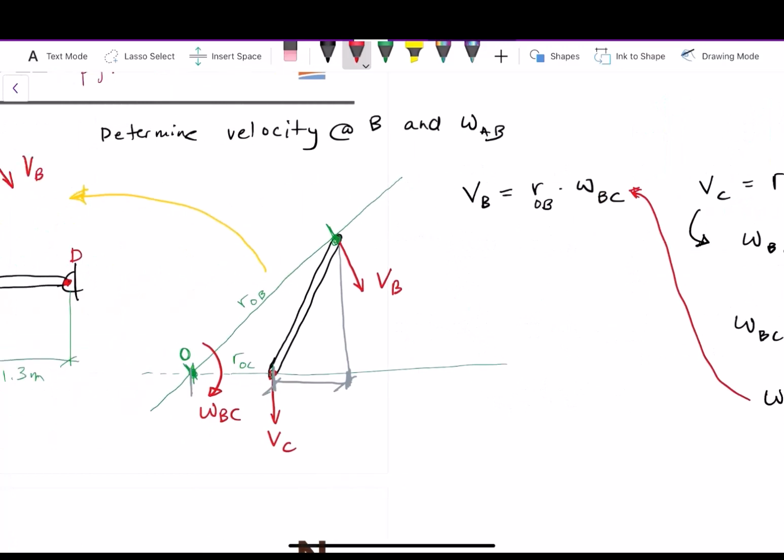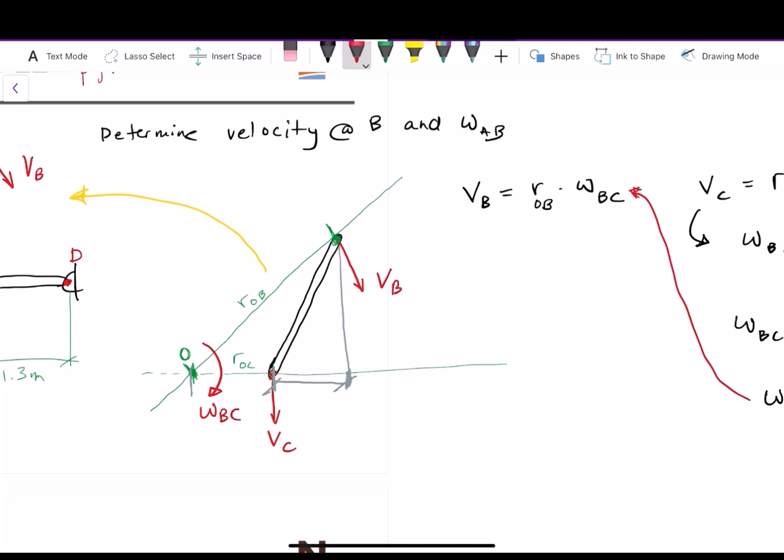But we do have the horizontal and vertical distance of this triangle, right? We know that the vertical distance of this larger triangle is 2 meters, whereas the horizontal distance is 2.6 meters. And so from that, we can calculate the total distance.